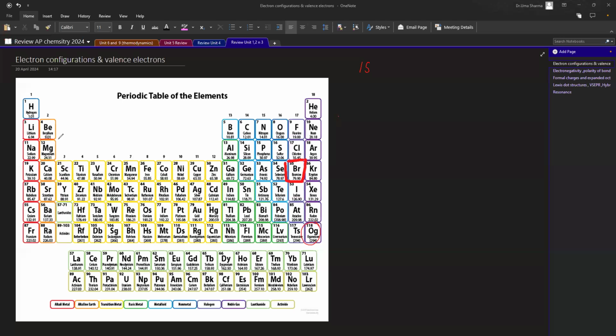Period number 2, what is this one? 2s. Then this one, 2p. This one, period number 3, 3s, 3p.